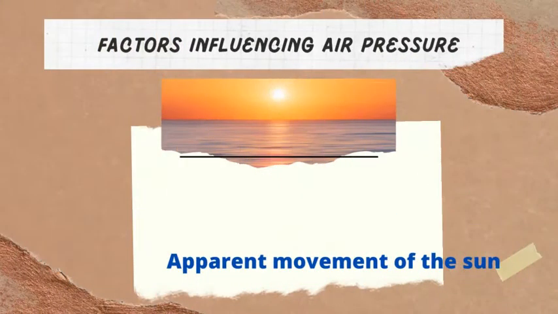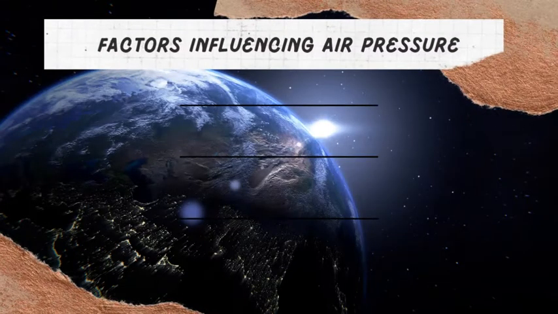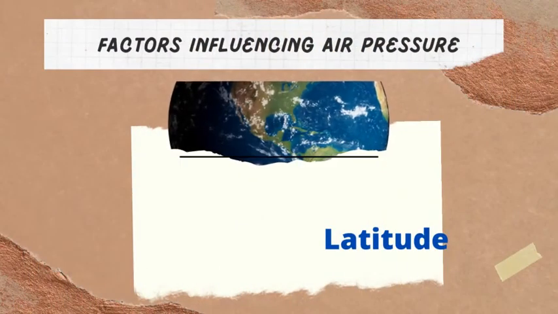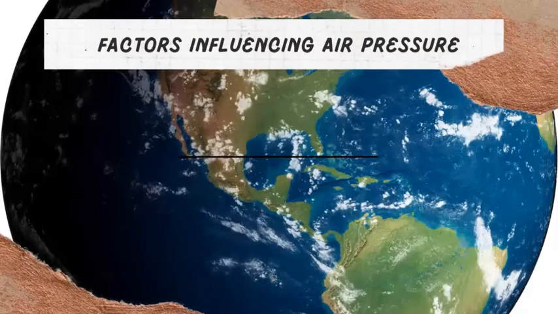5. We have the apparent movement of the sun. We also know from SS1 that the apparent movement of the sun is aligned to global latitudes. So number 5 will be combined as the apparent movement of the sun and latitude.